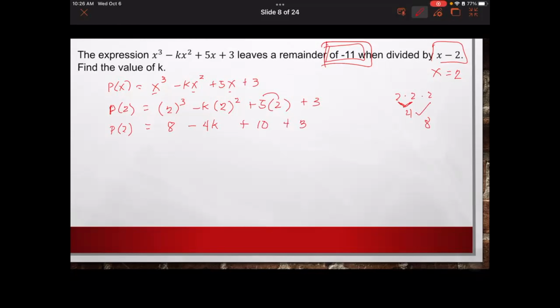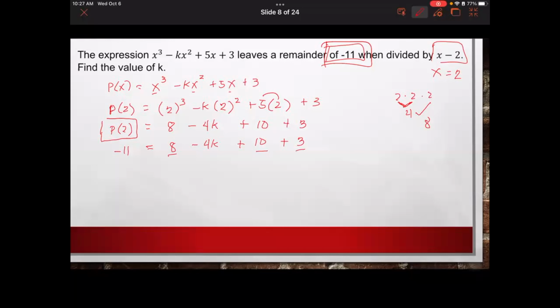Then after that, itong p of 2 natin, palitan natin ng negative 11 is equal to 8 minus 4k plus 10 plus 3. Now, simplify natin itong 8, 10, at saka 3.